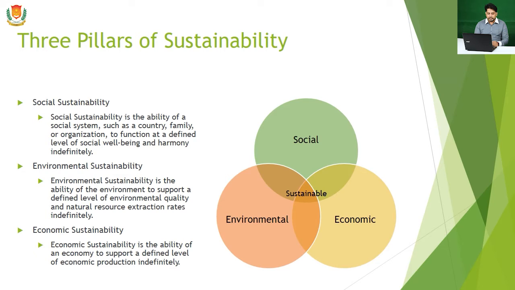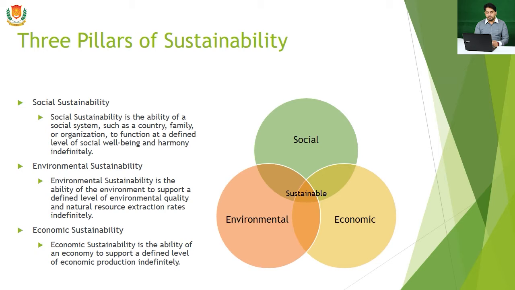Then, what is environmental sustainability? As it is written here, environmental sustainability is the ability of the environment to support a defined level of environmental quality and natural resource extraction rates indefinitely. So, here the word indefinitely comes again. What does environmental sustainability say?